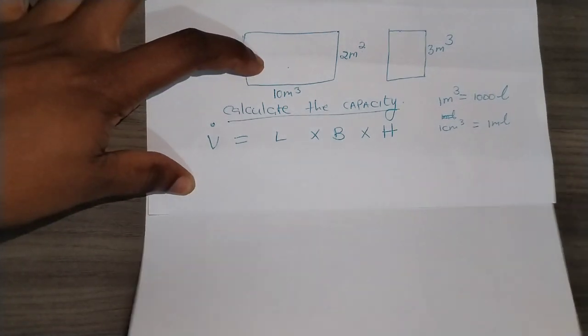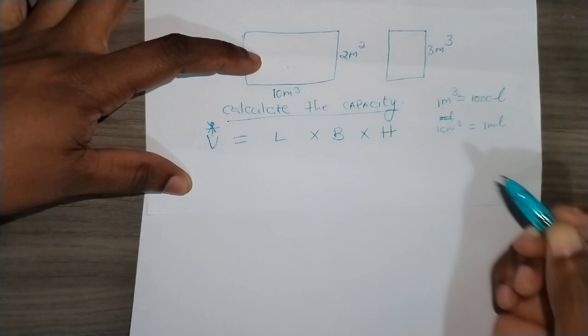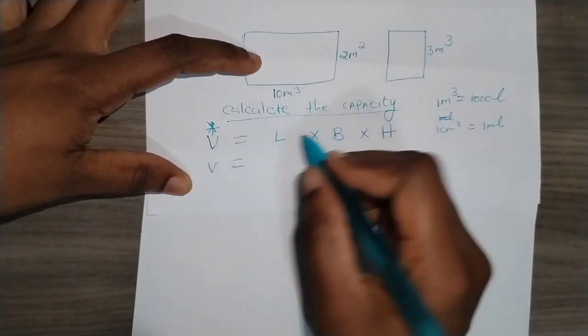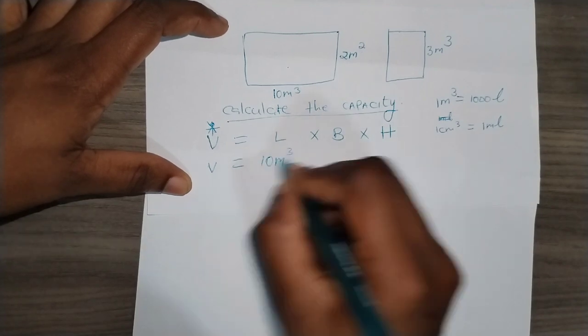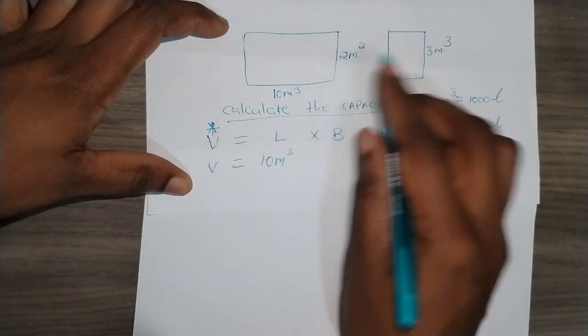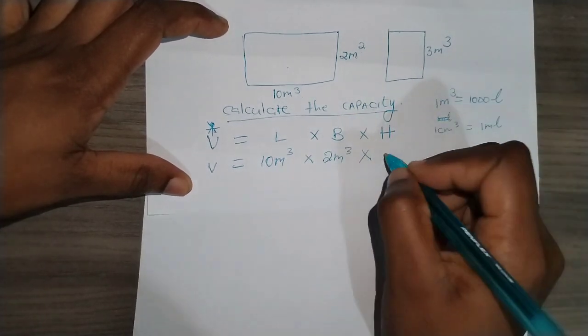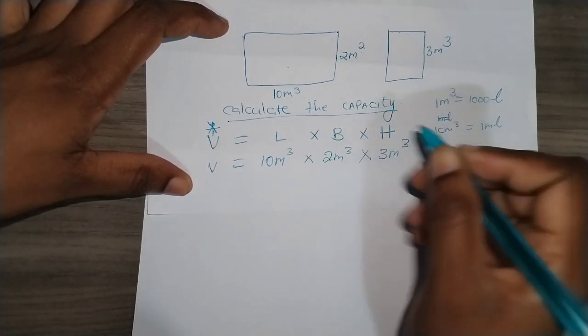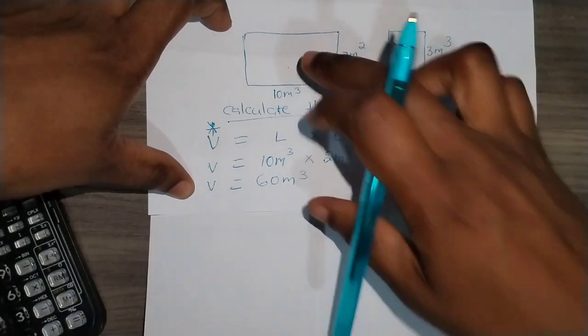The next step is to substitute. Our unknown is volume here. So our volume is equal to length, which is 10 meter cubed, making sure that all the units of measurement are the same, times our breadth, 2 meter cubed, times our height, 3 meter cubed. So we multiply these, and this is our volume.